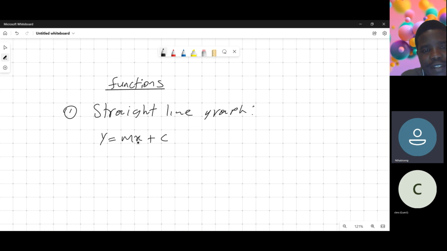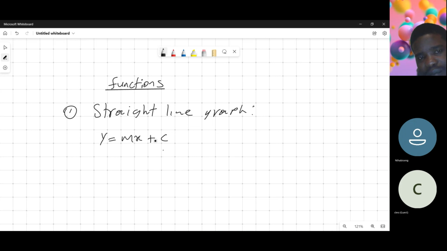When we do functions, the most important thing that we can grab here is the standard form of the graph. Knowing the value of m, what m stands for, and what happens if m changes, and then knowing the value of c and what happens as c changes.